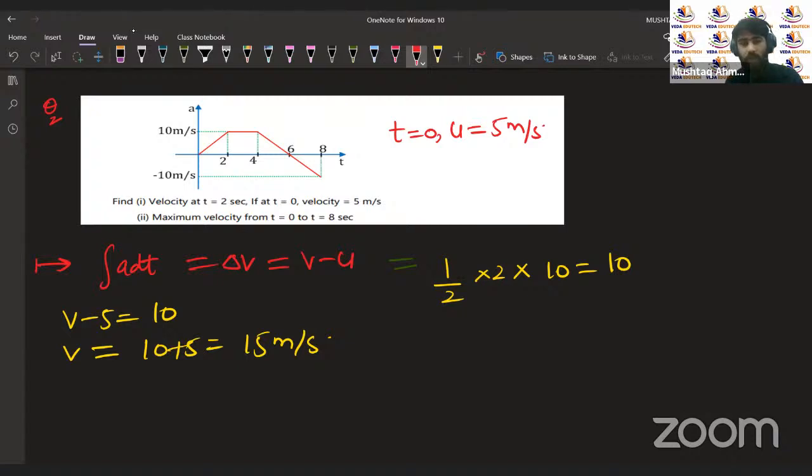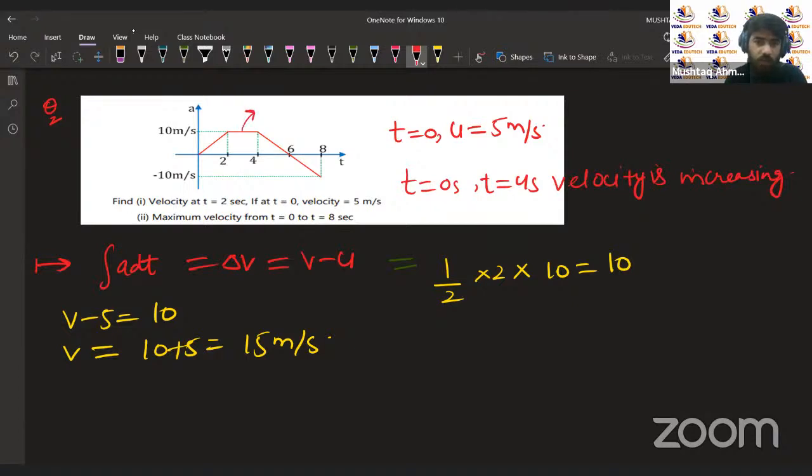We have to calculate the maximum velocity, right? It means that here the velocity is continuously increasing between time t equal to 0 seconds and time t equal to 4 seconds, where the acceleration is constant.